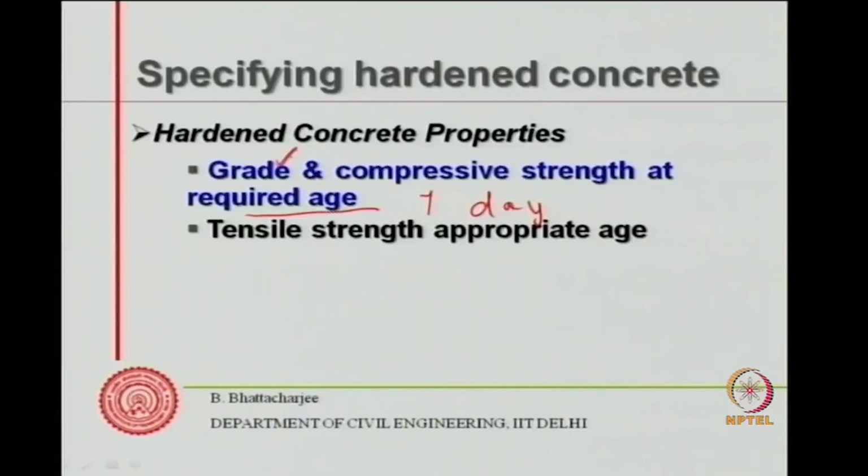Generally, in the Indian scenario, we test cubes, and we'll talk about that sometime later on, why, and how concrete strength is affected by the specimen size, shape, etc. So, in the Indian scenario, we talk in terms of grade of concrete, measuring the compressive strength at the age of 28 days, and we specify it in terms of something called characteristic strength.